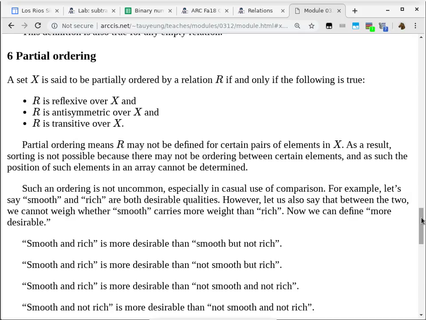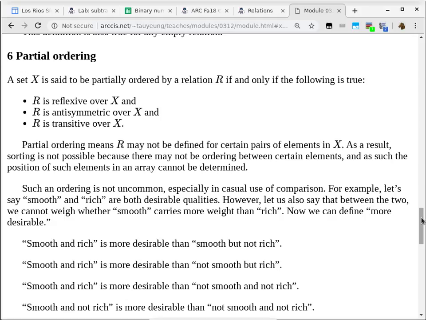Yes. Is it transitive? In other words, if I pick any three integers, does x being less than or equal to y and y less than or equal to z imply that x is less than or equal to z? Yes. So it meets all of these requirements, so less than or equal to is clearly partial ordering.